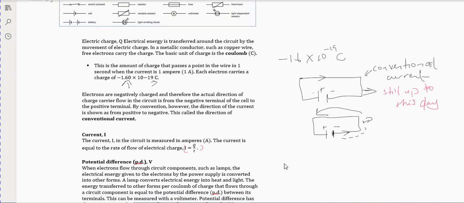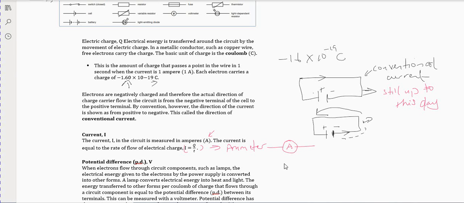And of course, we should know that the unit for current is the amp, where the symbol for the unit is a capital A. Now the device that we use to measure current is what we call an ammeter, and the symbol for an ammeter is just a circle with a capital A written inside of it.